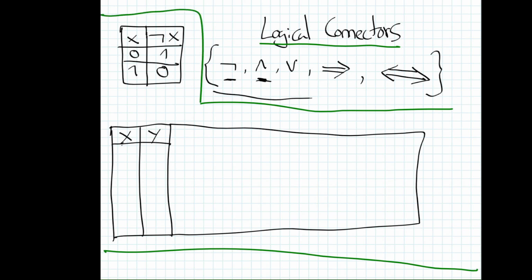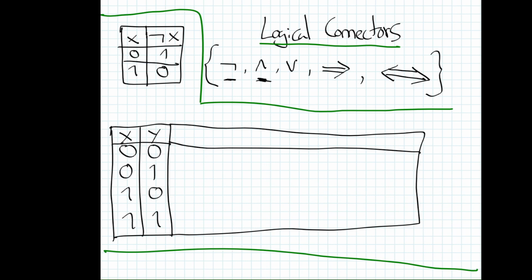So let's go on to these ones. They're more complicated, but not at all difficult to learn. So if we have, let's give all the combinations for x and y. Let's say 0, 0, 0, 1, 1, 0, and 1, 1.